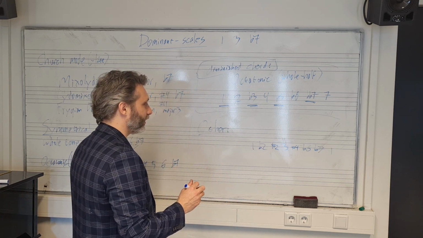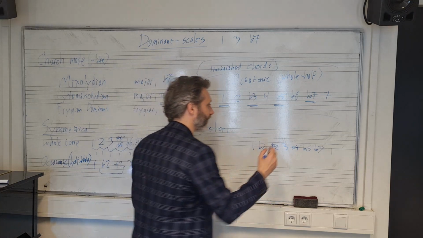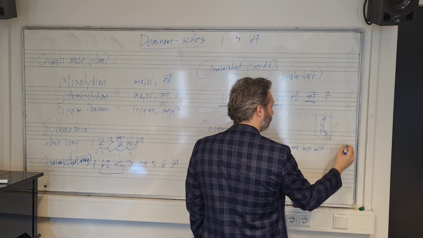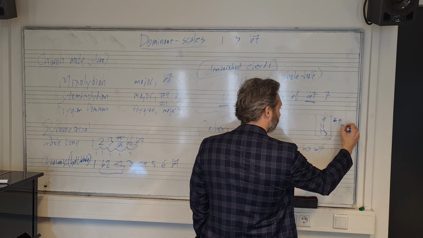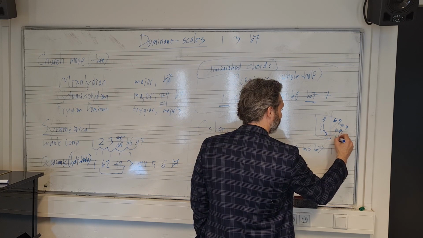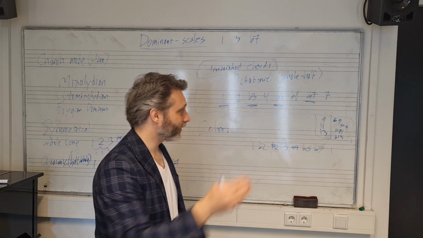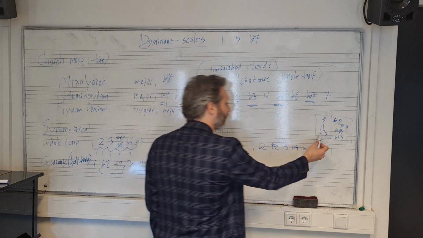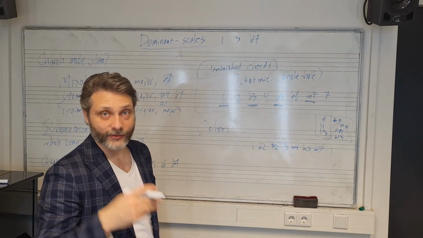Okay. Another way to conceptualize this scale is when we take the extensions 9, 11, 13, we also have a category called the alterations. The same extensions except that they've been altered. Not a 9, but a minor ninth or augmented ninth. Not an 11th, but an augmented 11th. Not a 13, but a minor 13. They have an accidental in front of them. They've been augmented.